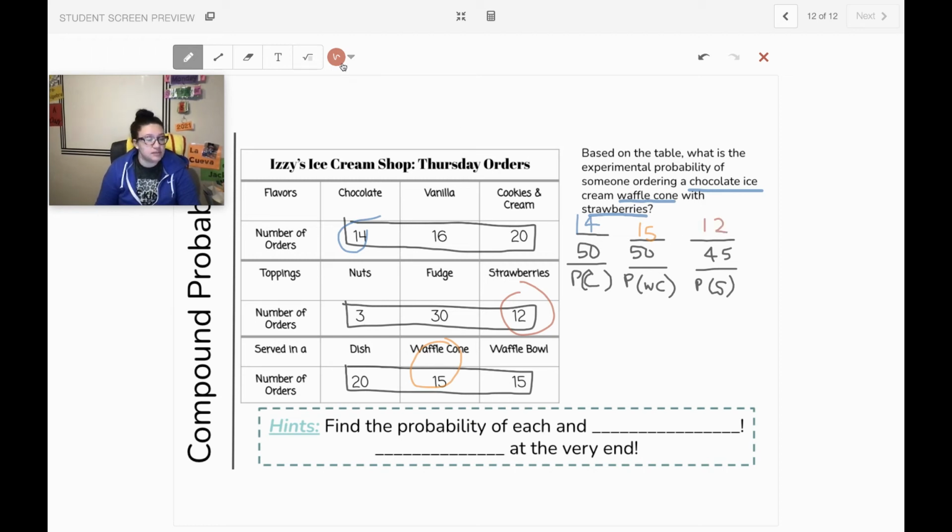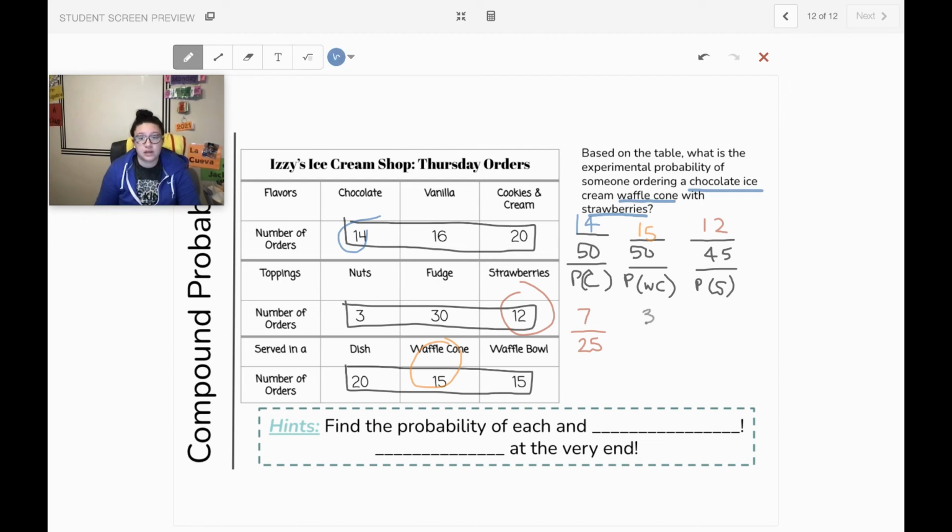Again, it doesn't matter if you simplify at the beginning or the end. I like to simplify at the beginning when the numbers are smaller because I don't want to have huge ugly numbers when I'm multiplying. 14 and 50, I can get 2 into both of those. I can divide them both by 2 to get 7/25. 15 divided by 50, I can divide 5 into both of those.